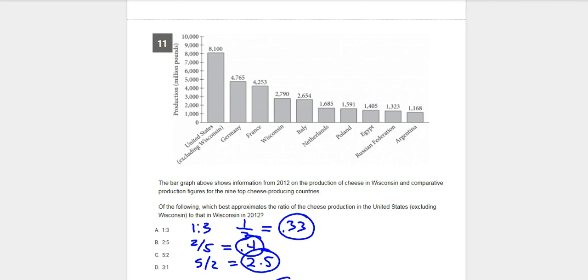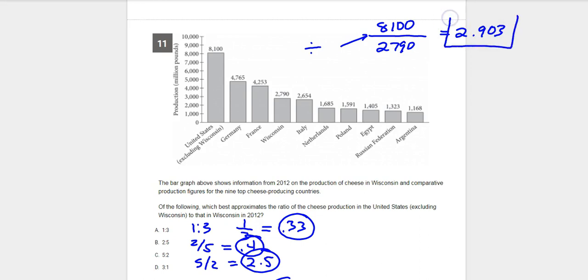So I have these different ratios or these different fractions. And earlier we were comparing the total cheese by the U.S., not counting Wisconsin, compared to Wisconsin. And if you just divide those, I mean, that's what this bar means, divide. If you just divide those out, 8100 divided by 2790, you're going to get 2.9. 2.903, and then a whole bunch of other numbers.